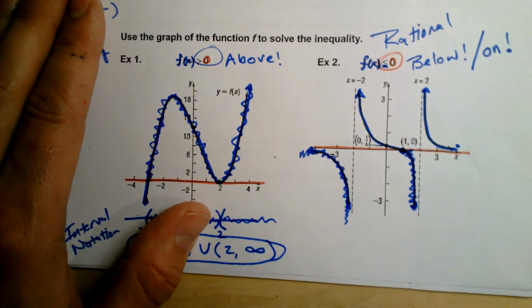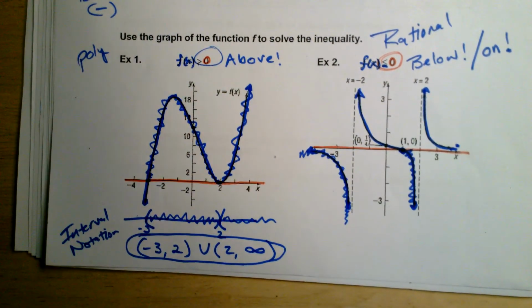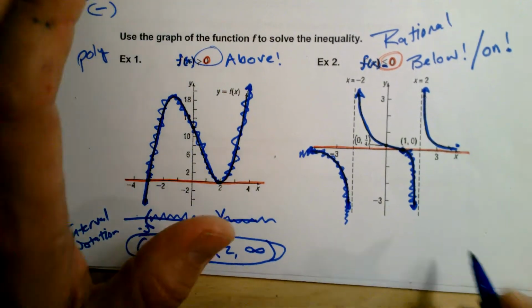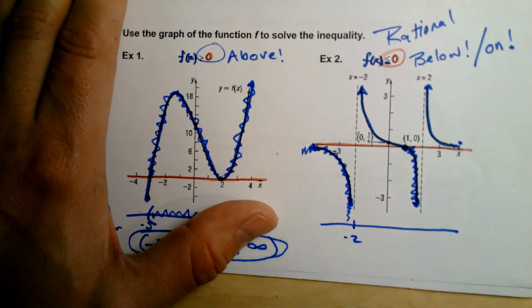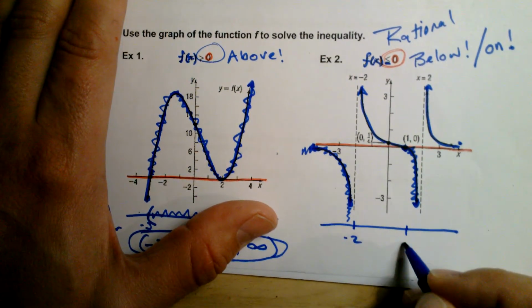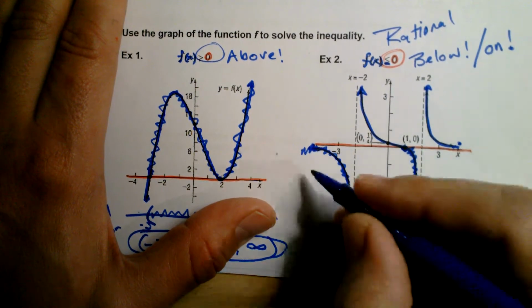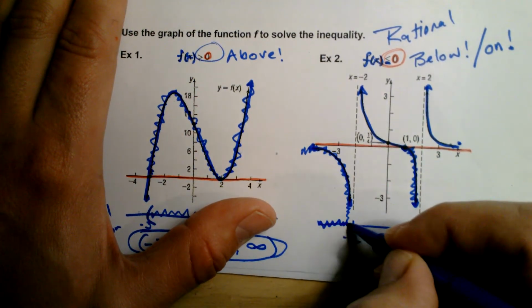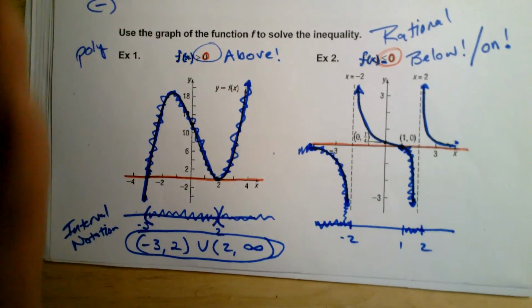Below, below, below, and then above, above, above, above. Okay? So if I was looking at a number line, I have an asymptote at -2, I have a 0 at 1, and I have another asymptote at 2. My shading would be over here, and from 1 to 2 is all below.